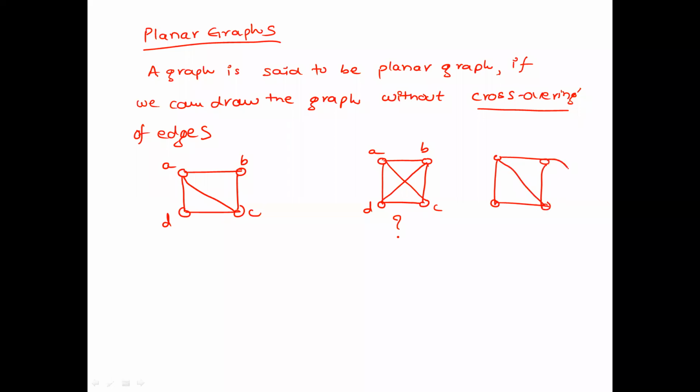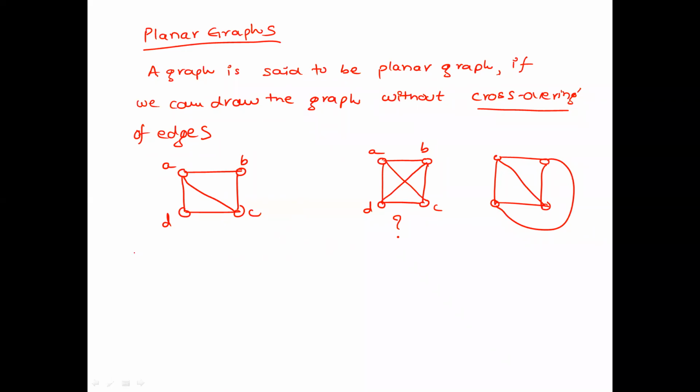Maybe this B and D, I can connect something like this. Oh, it's planar. So planar graph means what? It is a graph, and if you can draw the graph without crossovering of edges, you should try in all aspects, and if you can draw that without crossovering of edges, then we can call that a planar graph. Got my point?